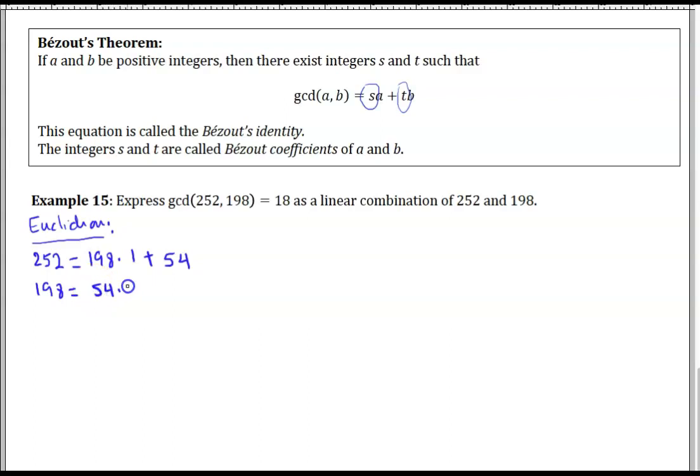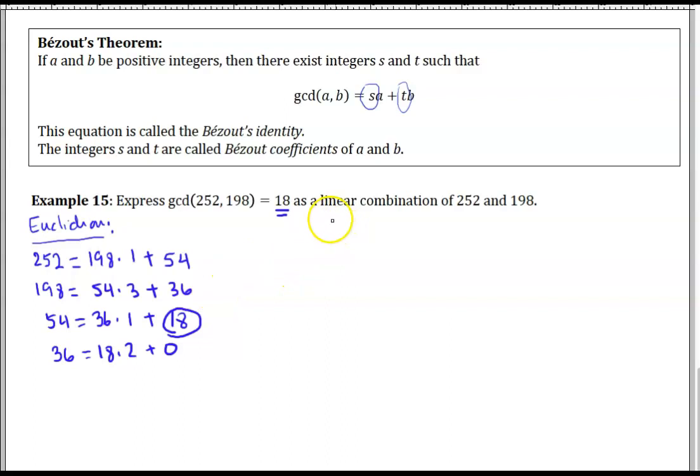So 54 times 3 with the remainder of 36. 54 equals 36 times 1 with the remainder of 18. And 36 equals 18 times 2 with a remainder of 0. Okay, so my last non-zero remainder was 18. So that kind of verifies that I have the correct GCD.